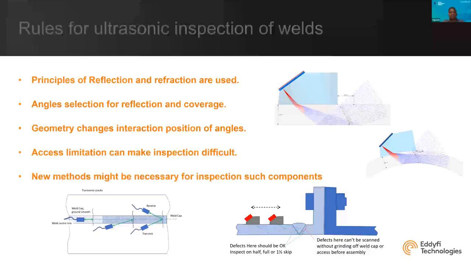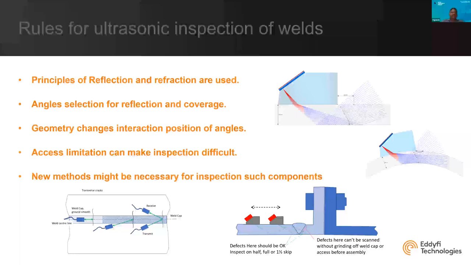And when it comes to weld inspection, what we typically do is send the ultrasonic energy at a particular angle. This angle is targeted at one of the weaker areas in the weld, or areas which are suspected to have flaws and which are not supposed to be there.